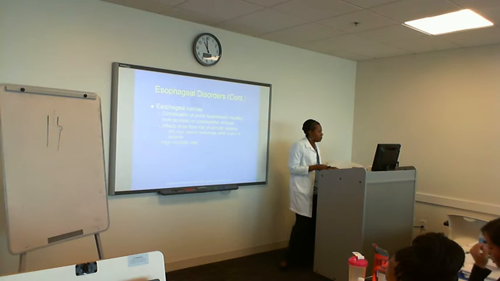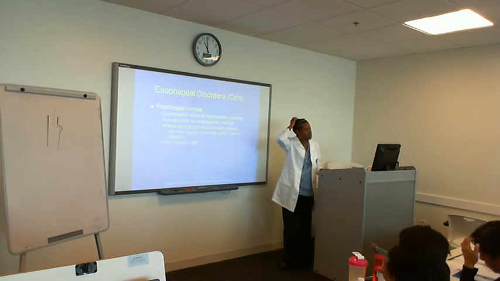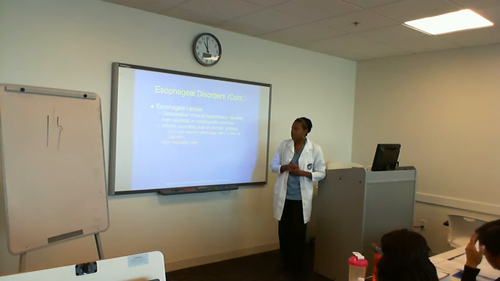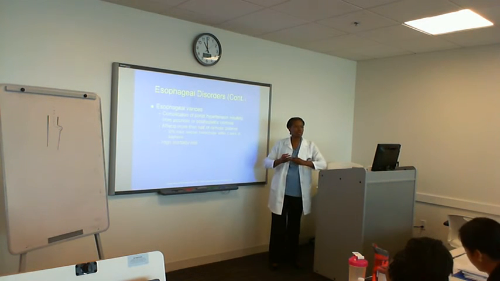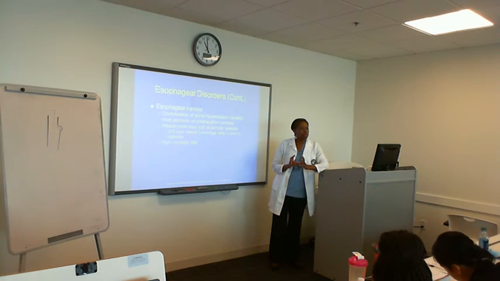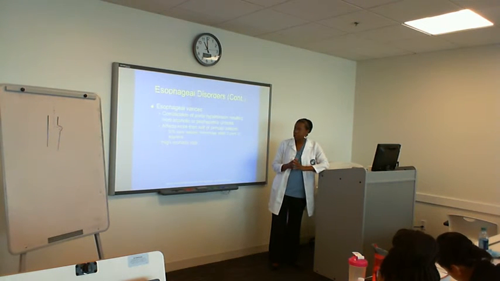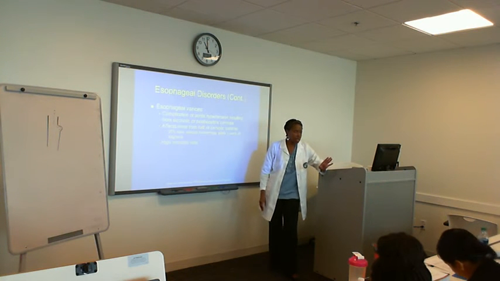Now, esophageal varices, not much to say about this, but this is a major issue because it has a high mortality rate. What happens with esophageal varices is that these individuals have what is called portal hypertension. In their portal circulation there is hypertension, and this is usually from people who are alcoholics, most of the time.